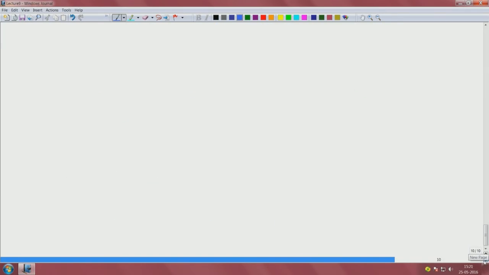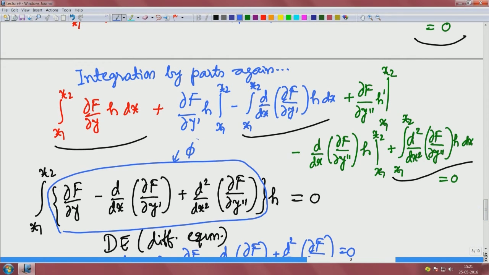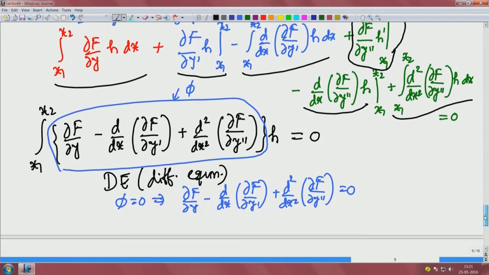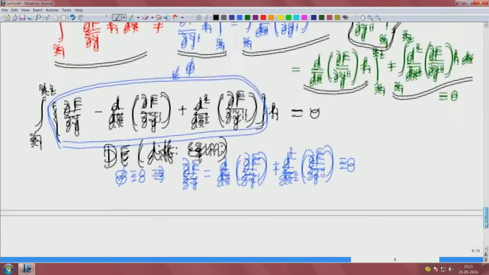Let us write them, so we can see them also. Take a look at what we have. There is a boundary term here which has h, there is a boundary term here also that has h, there is another boundary term here that has h prime in it. Okay. So, we will collect the ones that have h and h prime separately. Remember this is dou f by dou y prime h, this is minus d by dx of dou f by dou y double prime times h.